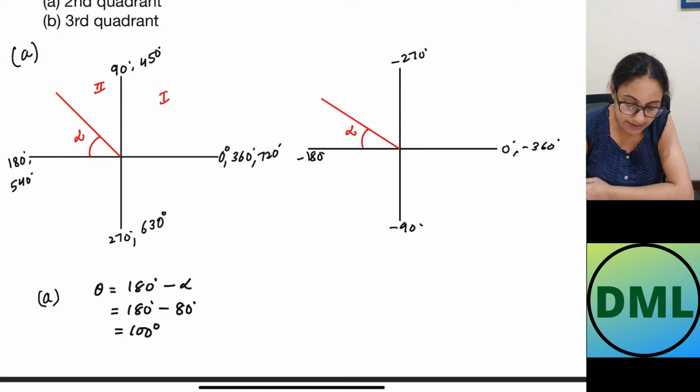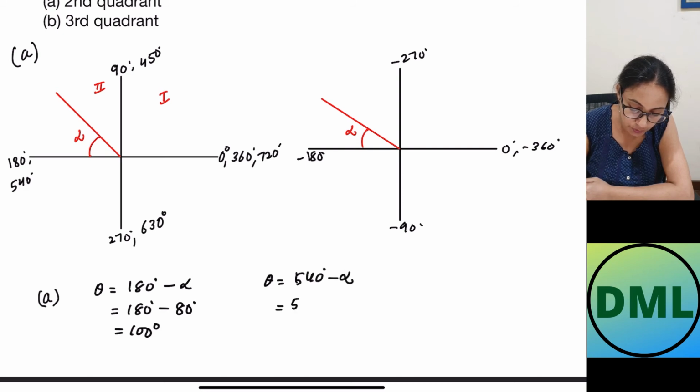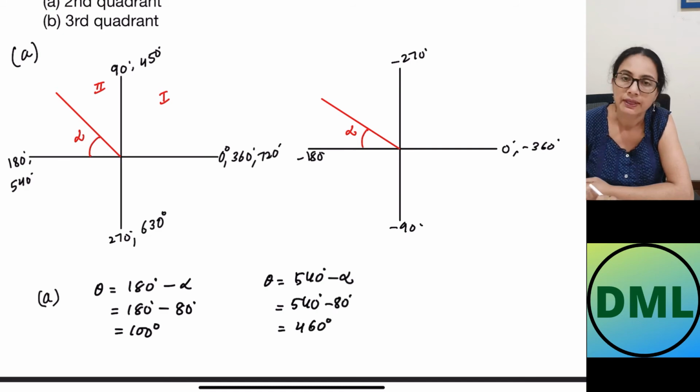Now I took the second round and reached here, which means the angle is now 540 degrees. To get the answer in the second quadrant, I subtract: theta is 540 degrees minus alpha, which is 540 minus 80 degrees, equal to 460 degrees.